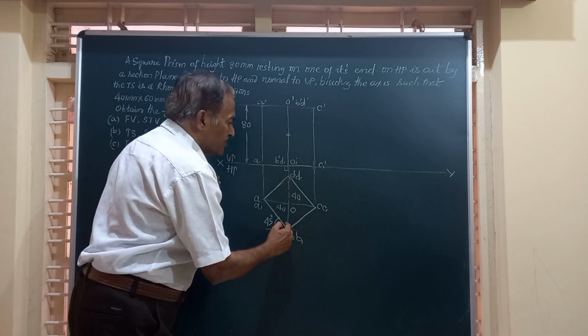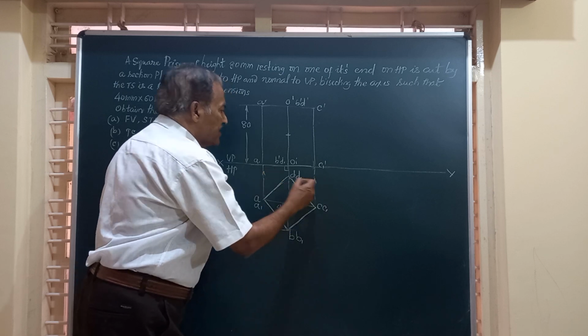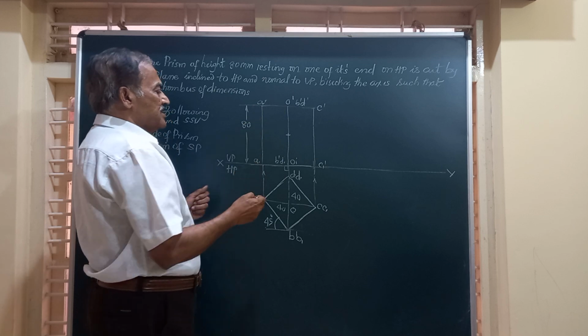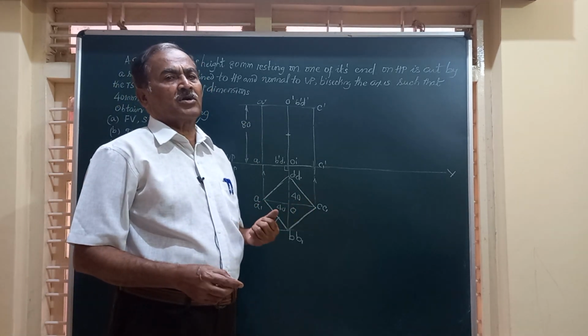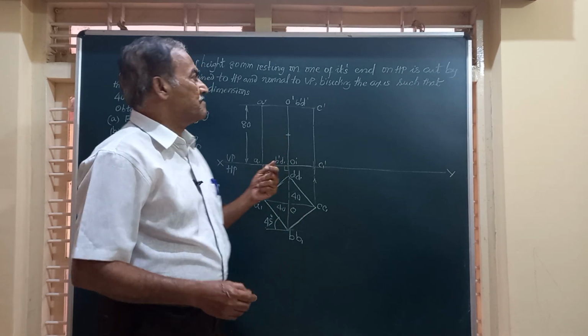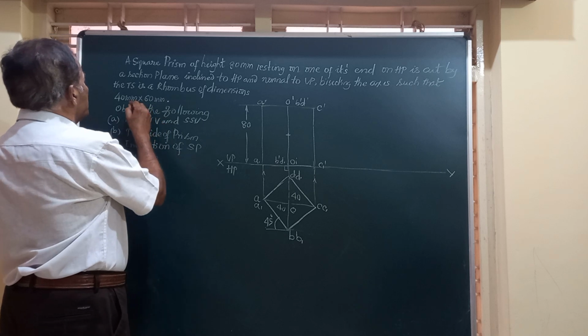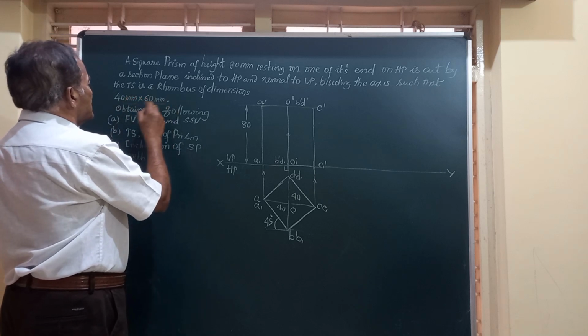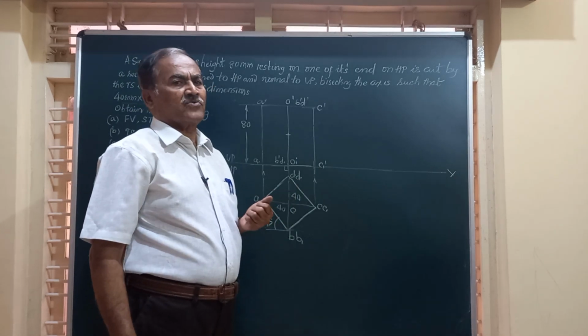You can construct a square, and project all these points to obtain the front view of the solid. This concept is very important, because whenever the rhombus is there with a dimension 40 into 60, 40 is the diagonal of that square.